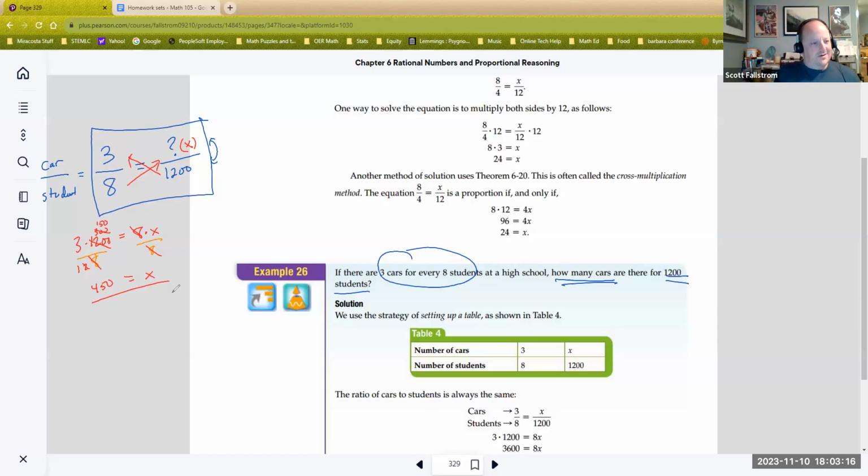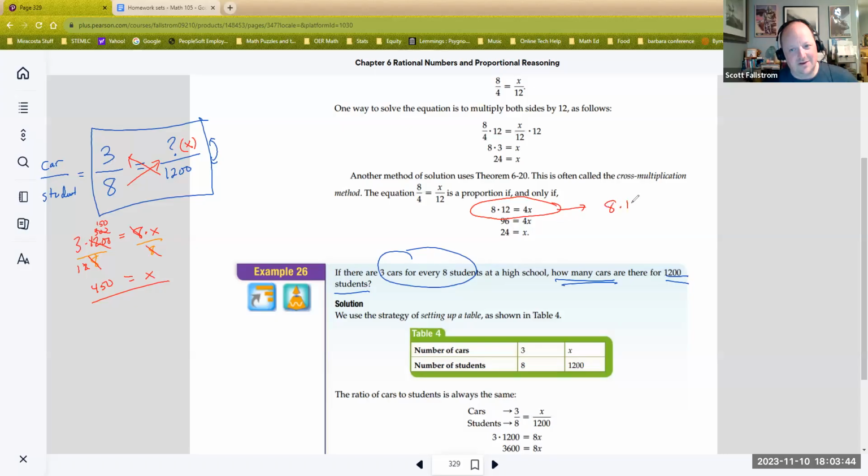Now, you notice what I did, or at least I hope you did. I did the division before I multiplied those two numbers out. Why? It's easier to multiply small numbers than big numbers, and it's easier to divide when things are already divvied up. So that's my approach. If I was doing this problem in the book, I would not take the time to do 8 times 12 and get 96 and then divide by 4.